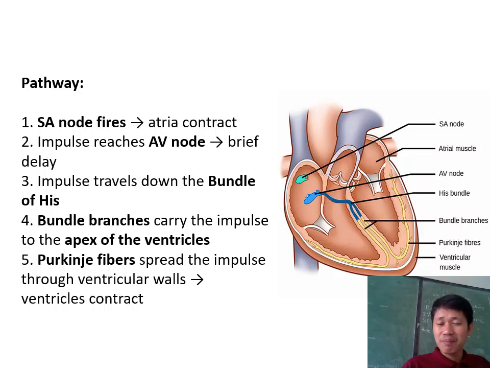The impulse will spread in the walls of the heart, which will in turn contract the entire heart. And the impulse all begins here at the SA node.